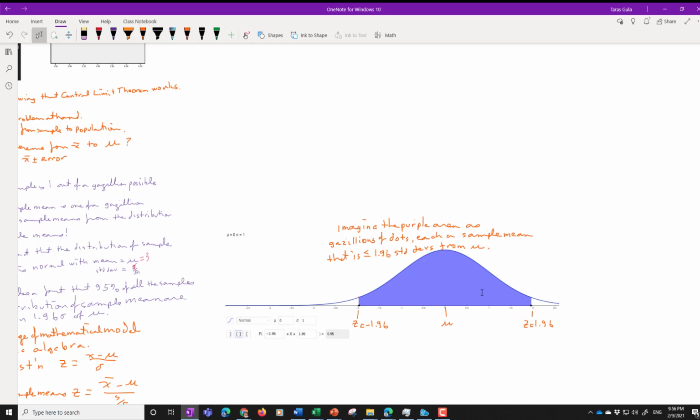Each of those is a separate sample mean, right? There's a gazillion dots here. Imagine that, right? And 95% of the total area is purple, meaning within 1.96 standard deviations. That is a normal distribution fact.